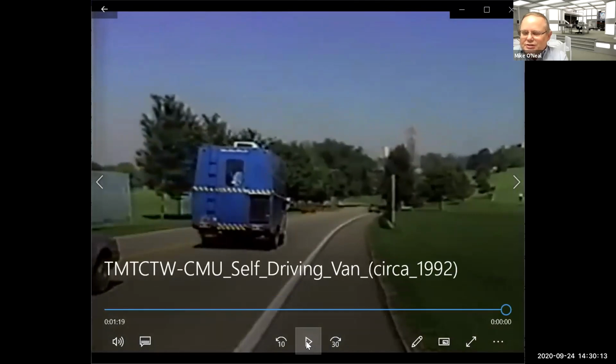Okay, so you see again early 1990s, and remember I said that neural network research never died off completely, but it was kind of a backwater. People pretty much knew that you weren't going to be able to do a self-driving vehicle without neural networks, but they were still extremely primitive.